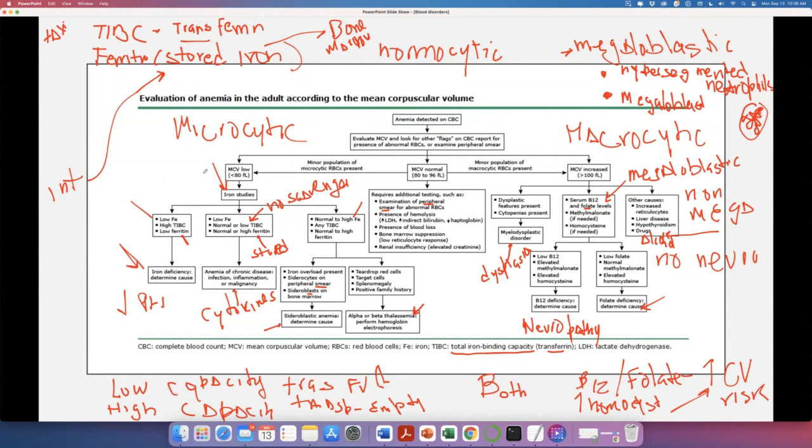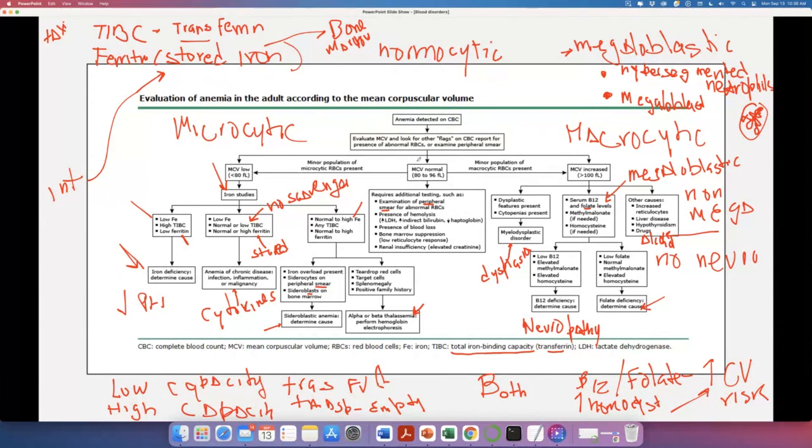After this, we may do a bone marrow aspirate if we need, or we may do a peripheral smear, okay, depending on the findings on the serum iron studies, and even genetic studies if necessary. And then we have to continue, because if you detect, okay, this is an anemia of chronic disease, well, what is the chronic disease? Do I know, or do I have to look for it?